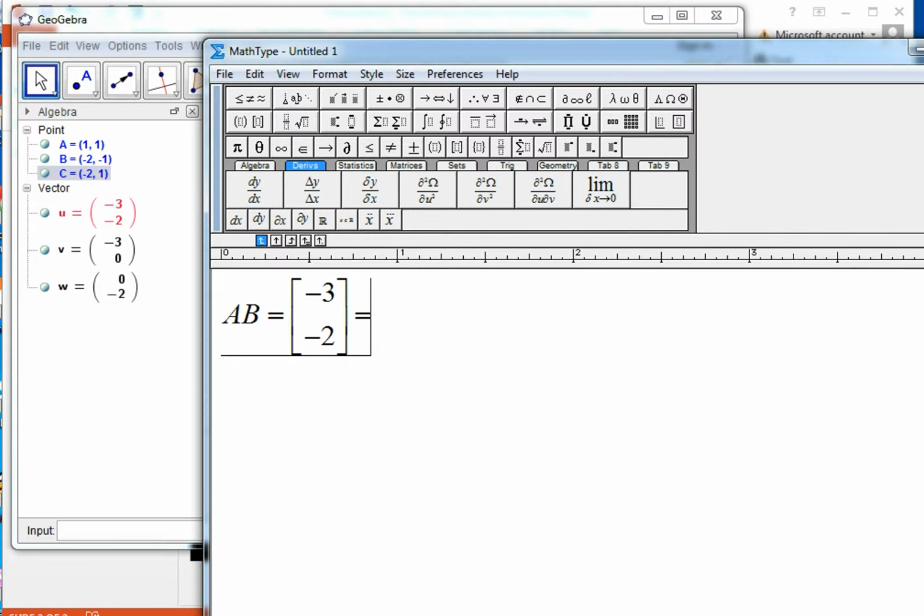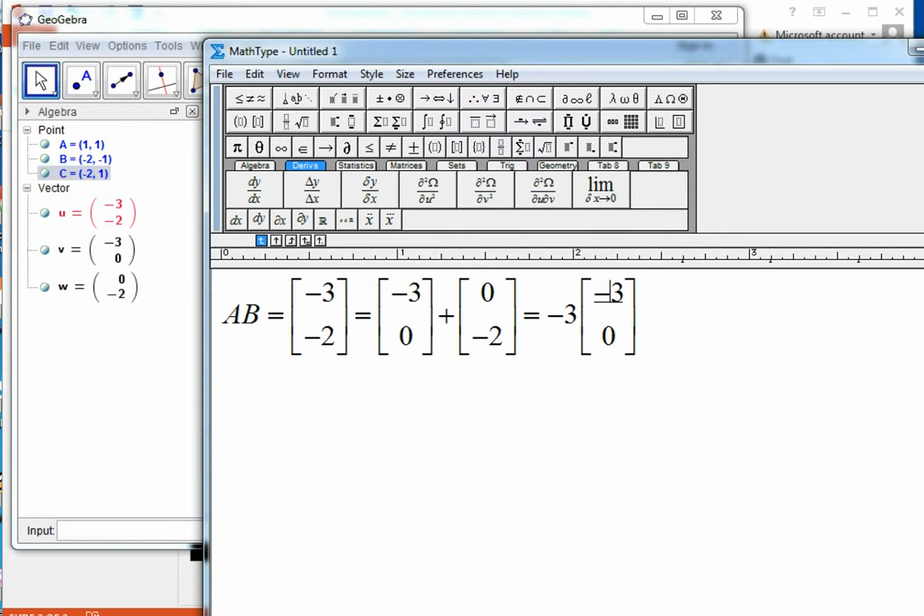That can be written as v, (-3, 0), plus w, (0, -2). This is also equal to, if you factor the -3, -3 times (1, 0), plus -2 times (0, 1).